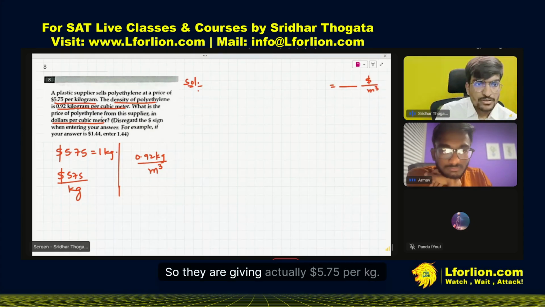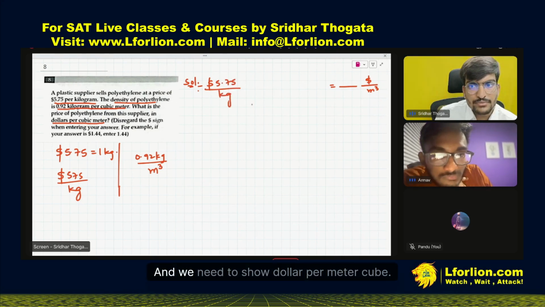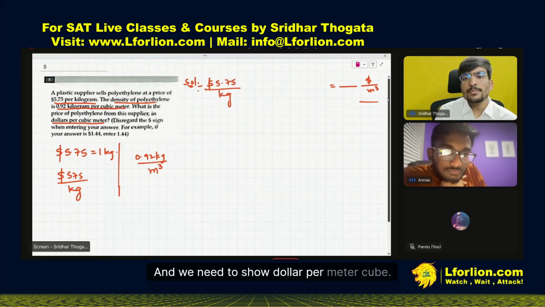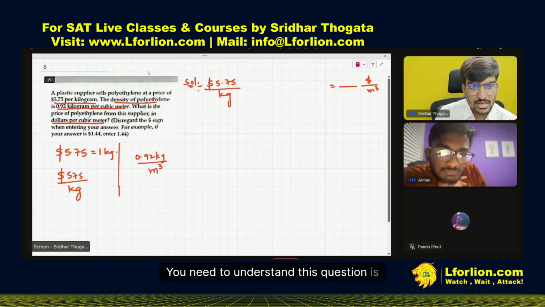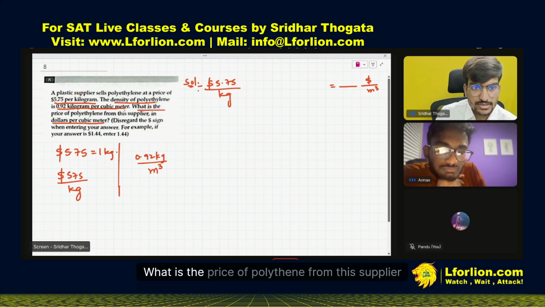And the price is $5.75 per kg, and we need to show dollars per meter cube. You need to understand this question is a conversion clearly, because it's given in dollars per kg and they need dollars per cubic meter.